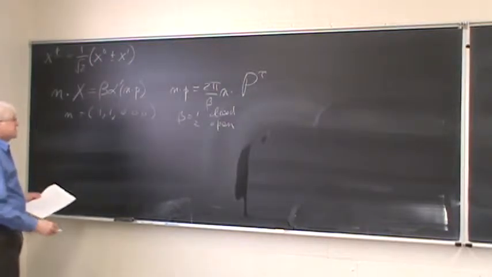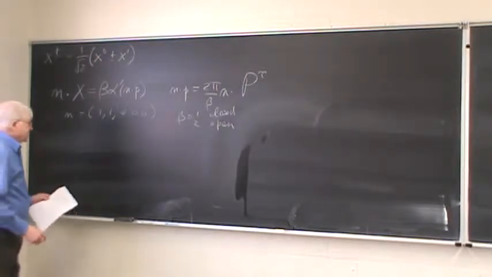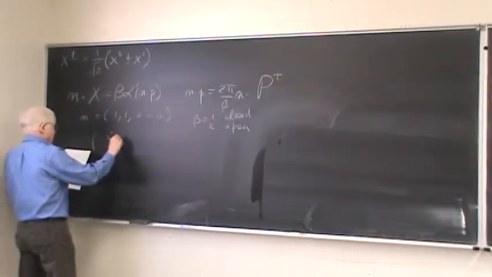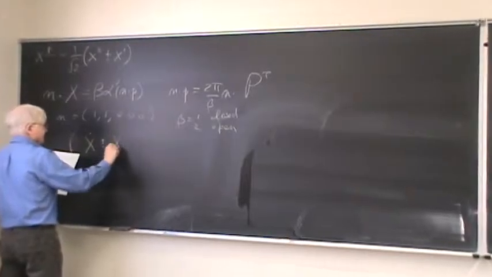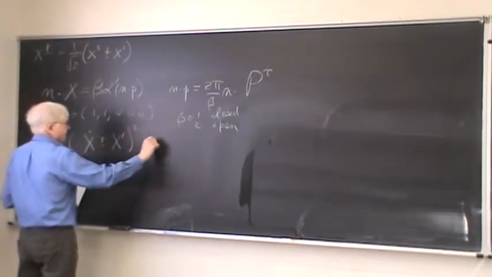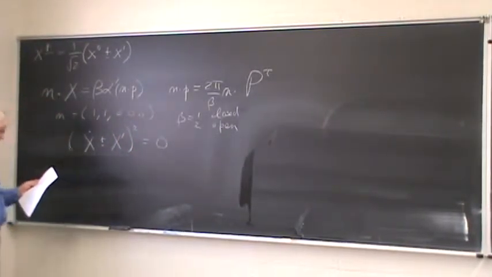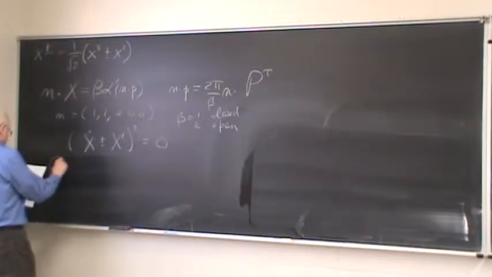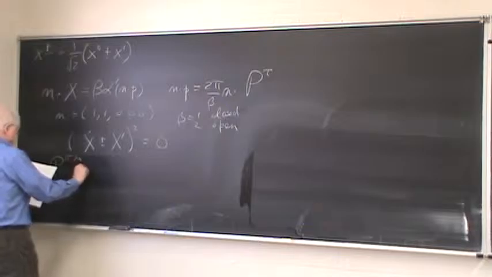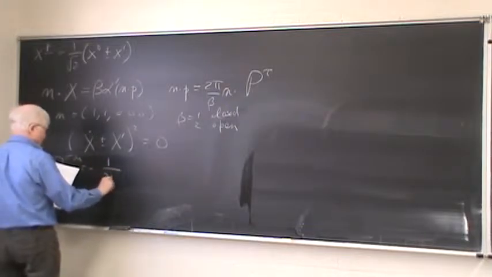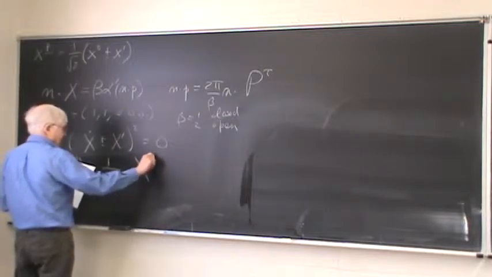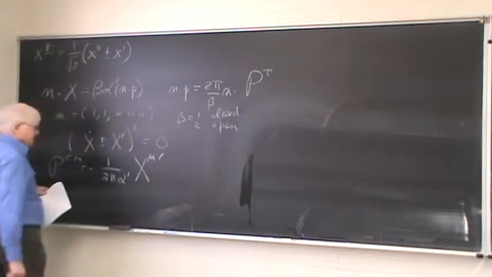Now it turns out that these conditions imply certain constraints. x dot plus or minus x prime squared is equal to 0. And this simplifies the momentum densities. P sigma mu is then minus 1 over 2 pi alpha prime x mu prime.